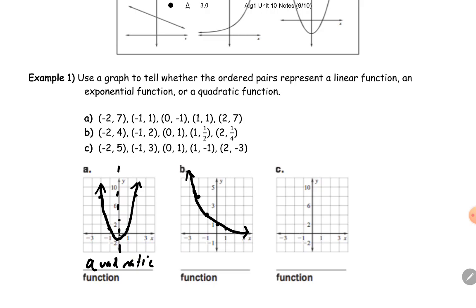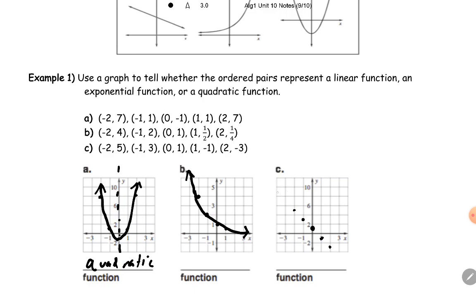And then our last one, (-2, 5), (-1, 3), (0, 1), (1, -1).